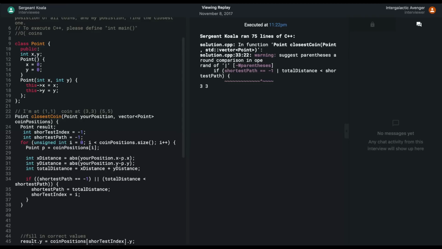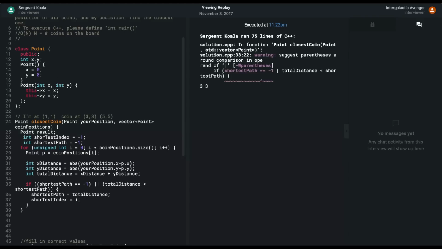Okay, excellent. So let's say that this is a very large board with a lot of coins on it. Is this going to be a good algorithm for finding the closest one?